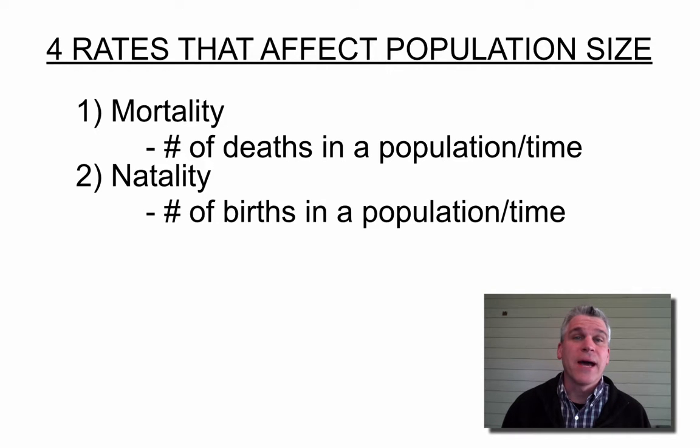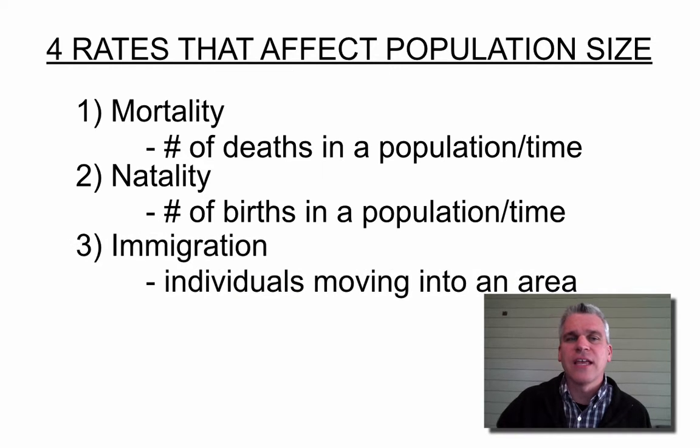But again, we study populations in smaller groups. That means that populations can change if new individuals move into or leave an area. So we also have to take a look at the immigration rate. How many individuals are moving into that area?